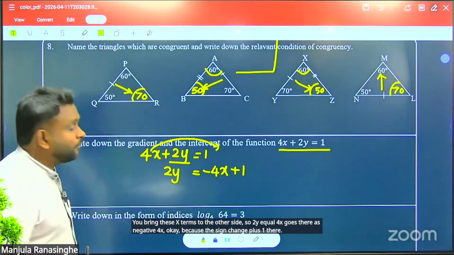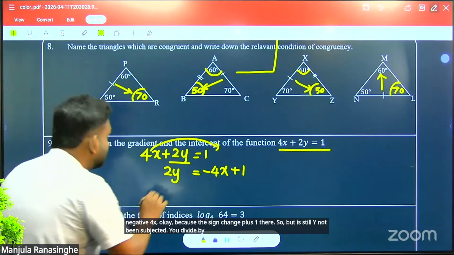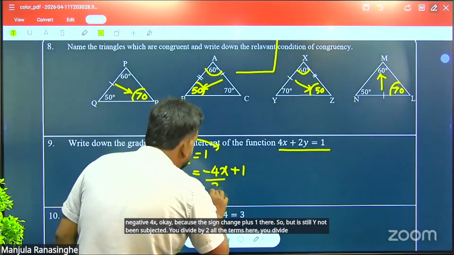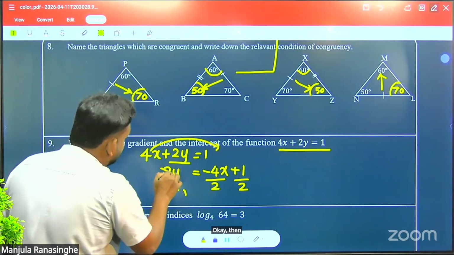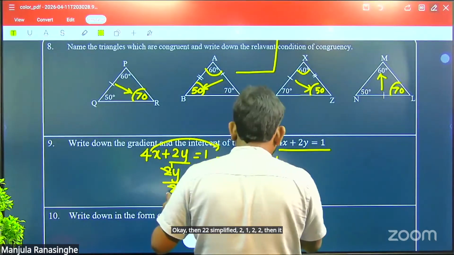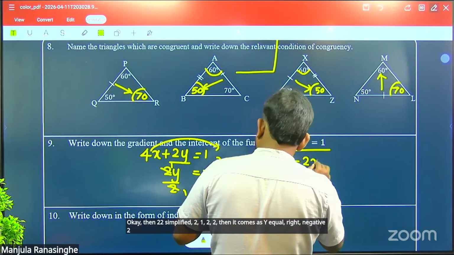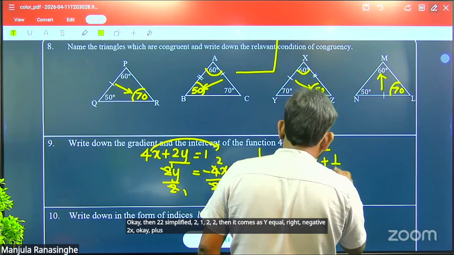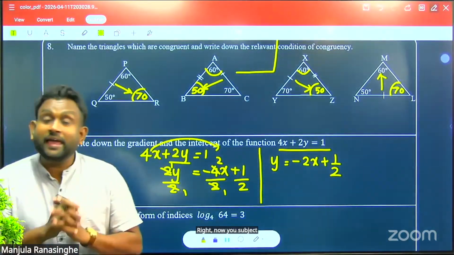But y is still not the subject, so you divide all the terms by 2. Then 2 and 2 simplify, and it comes as y equals negative 2x plus 1 over 2. Now you have y equals mx plus c.